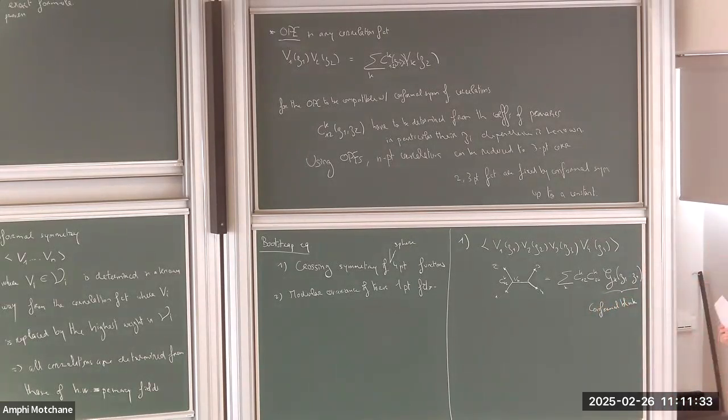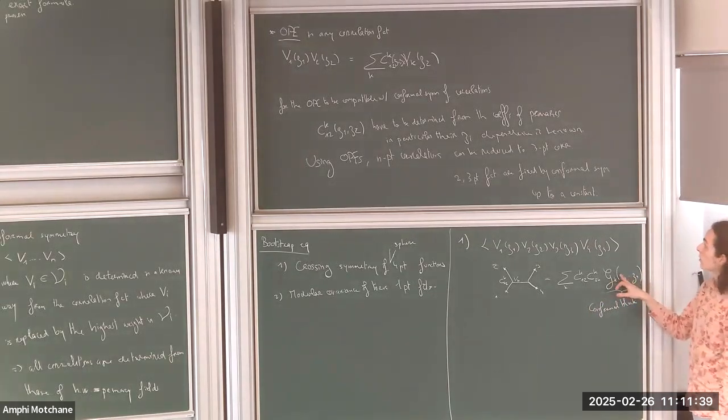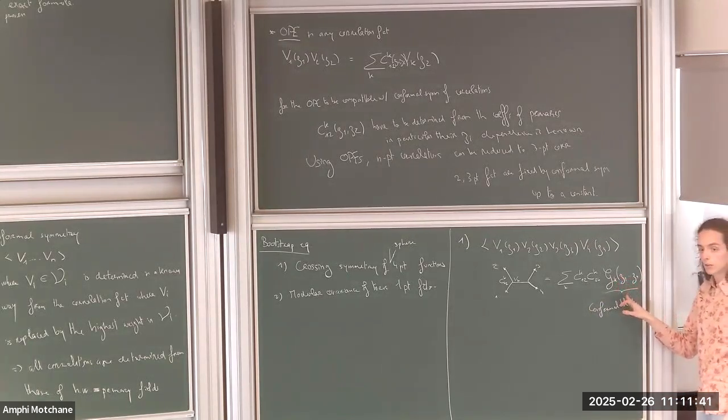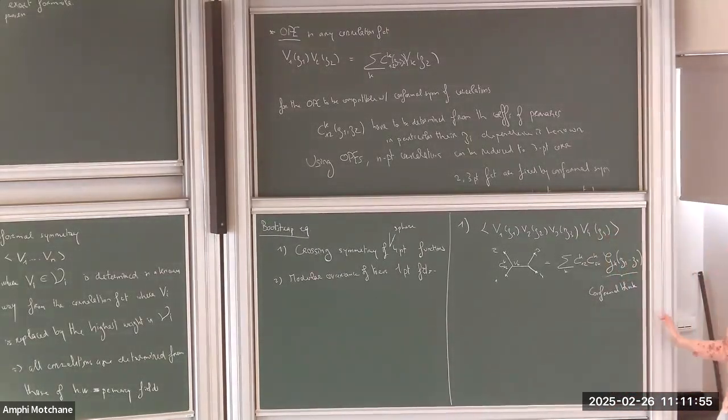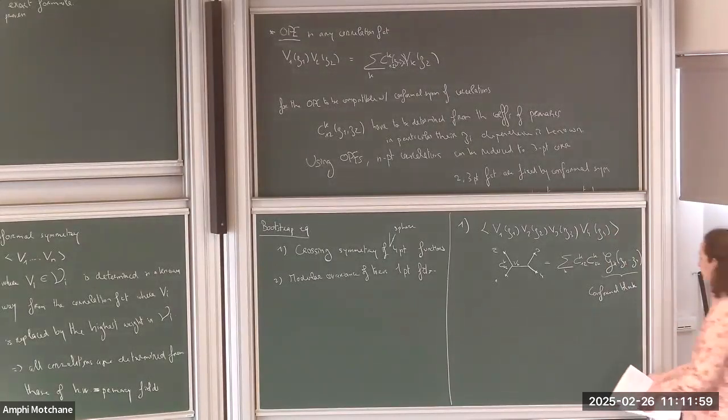I say I consider it to be known because it is not easy to prove that this is convergent. So this will be a series in z, and it is not so easy to prove that it is convergent. It is not so easy to find efficient numerical methods for it. But let's say, even though this is not easy to prove, we consider it to be more or less known as physicists.